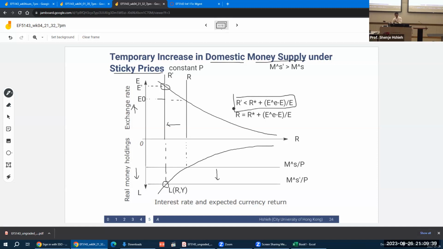If it's now tilted toward the right-hand side, you should borrow domestic and lend out at the foreign. So if I borrow domestic, I'm going to have domestic currency now. I'm going to sell it, and that sale is going to depreciate the domestic currency. And that's why exchange rates go up. The E goes up, sorry. The E goes up. The price of foreign currency is now higher because I'm selling my domestic currency for foreign currency.